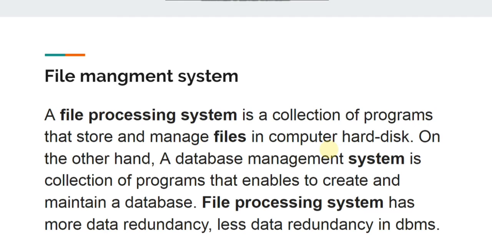While in a file processing system we have separate files for the student and a separate file for the library system, and then we can make the card. So data is duplicated in many places, and that is why updating data becomes really complicated. That is why we use a database management system, or database, which is managed by the DBMS.